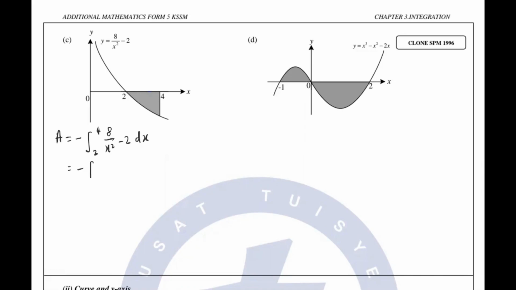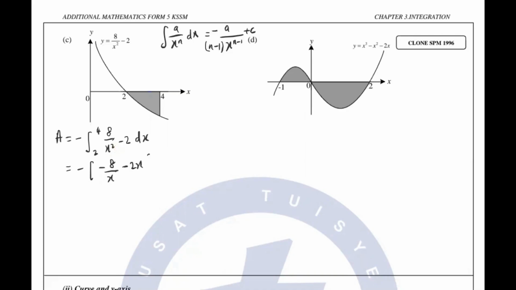So when the area is below, put a negative in front, copy 8, copy x, reduce the power by 1. So please remember the technique I taught you to integrate this quickly: put a negative in front, copy a, copy x, reduce the power by 1, put the reduced power in front. So this is what I did. I put a negative in front, copy x, reduce 2 minus 1 is 1, just put a 1 in front. You don't write, it's okay.